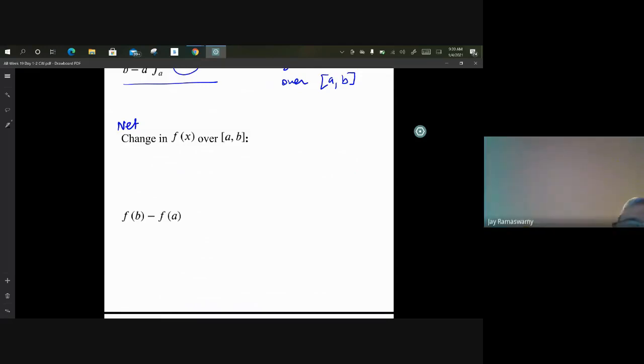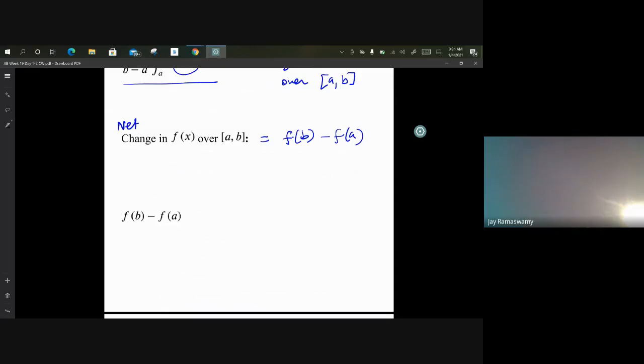Subtraction, thank you. So it's nothing but f of b minus f of a. Is that clear? Is everybody okay with that idea? The word change means difference. So you could also say difference in. But the word they will use in calculus is change.